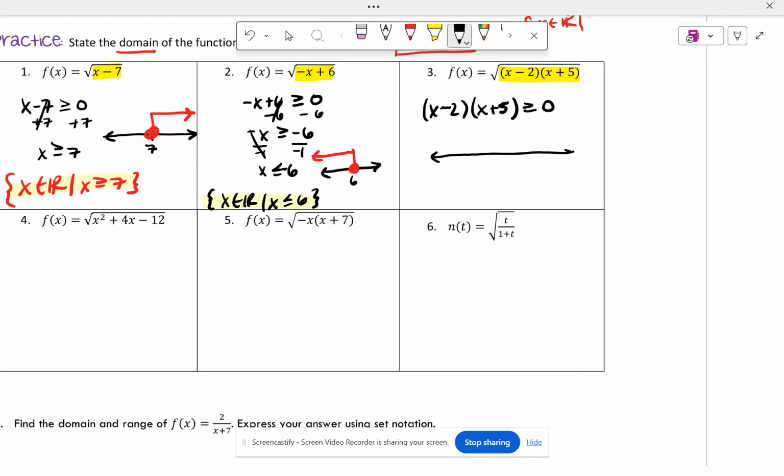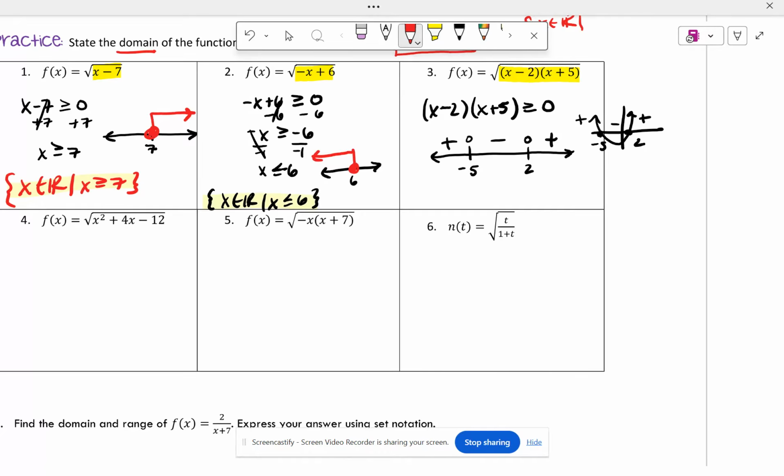I would take the factored form and turn those into the solutions. That's a 5, and right at those solutions we have a 0. You can envision that this is an upward facing parabola with roots that look like this. So we have positive, negative, positive for our number line.